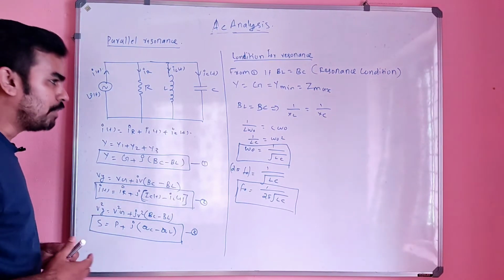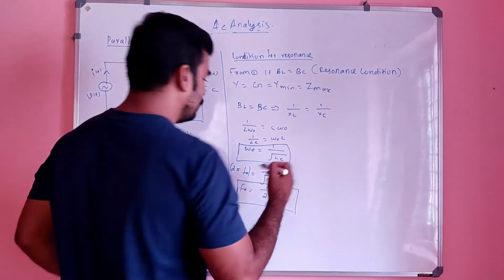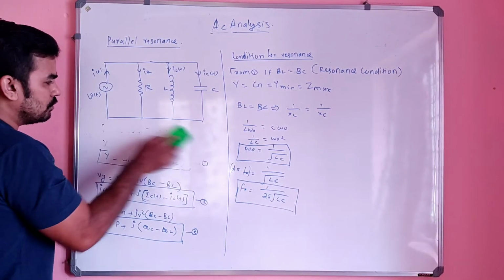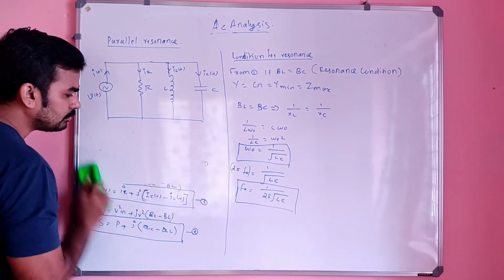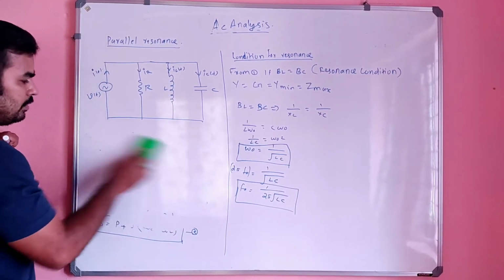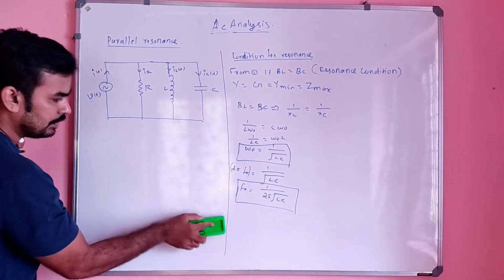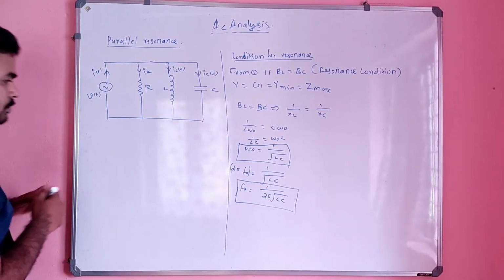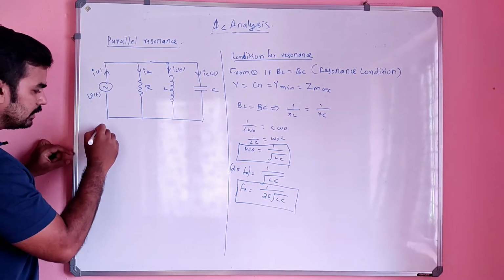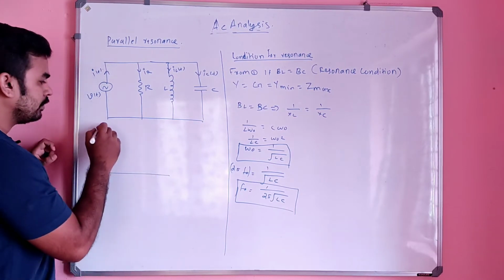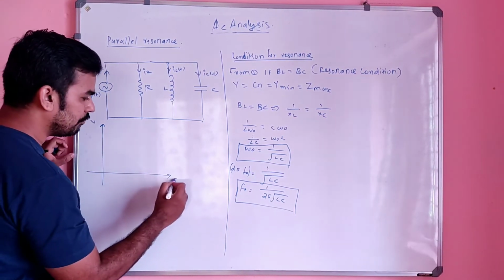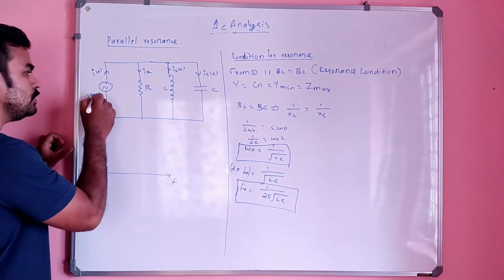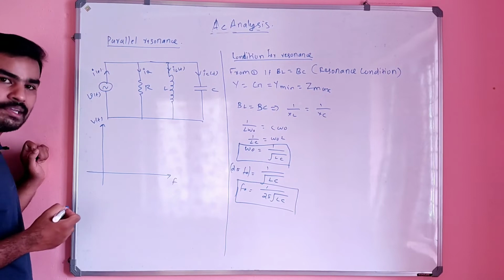Okay, and let's try to draw in a similar manner. We are trying to draw the two curves. See, one curve is the V versus frequency curve, or V of t versus frequency curve.